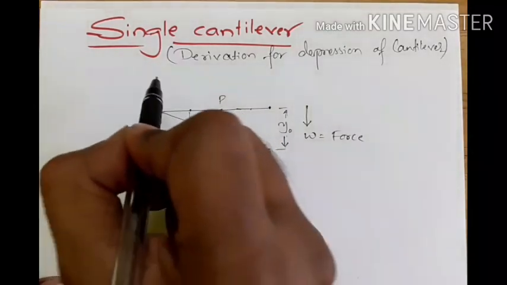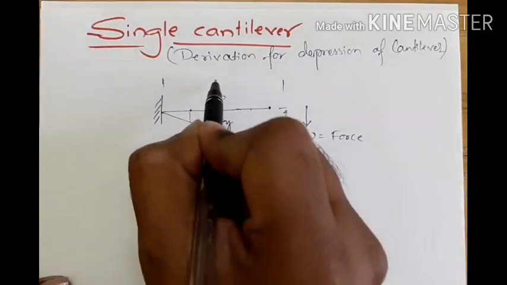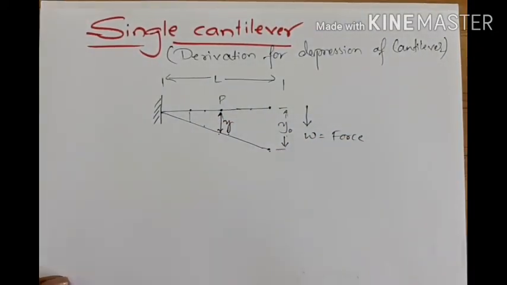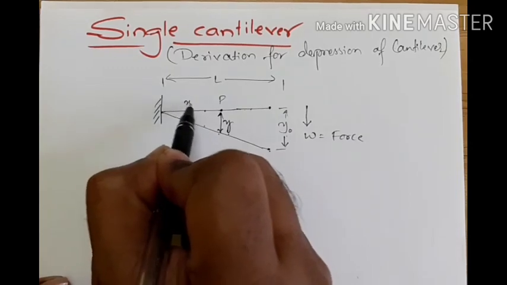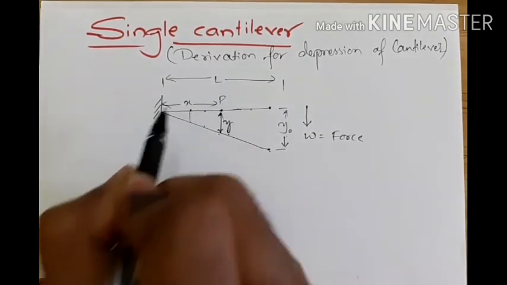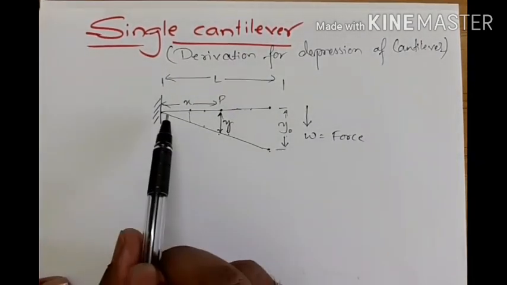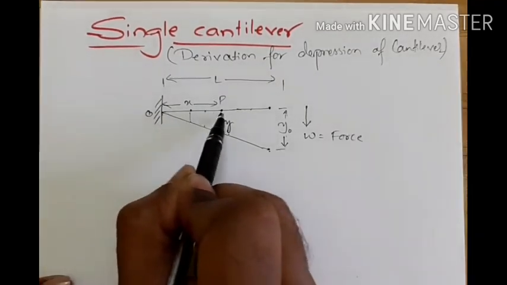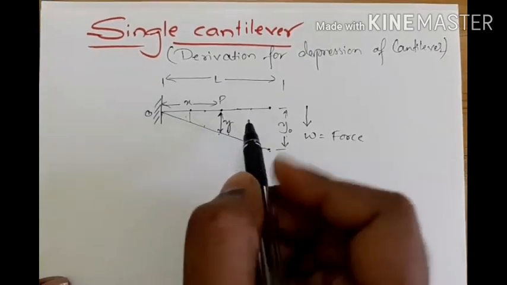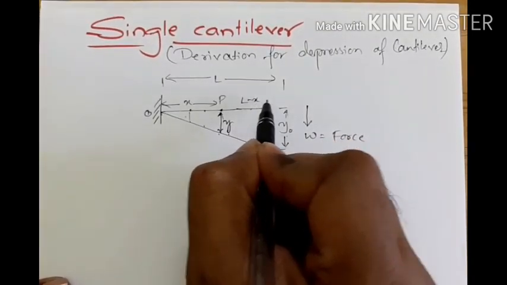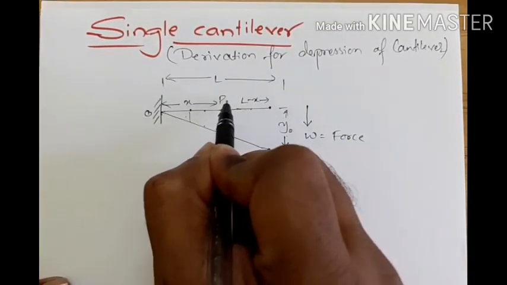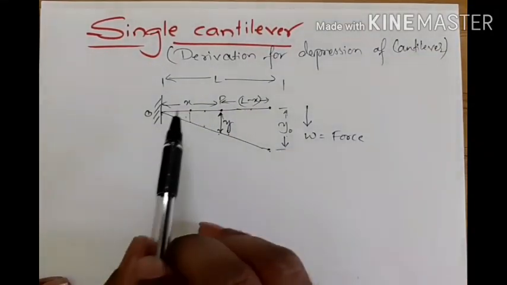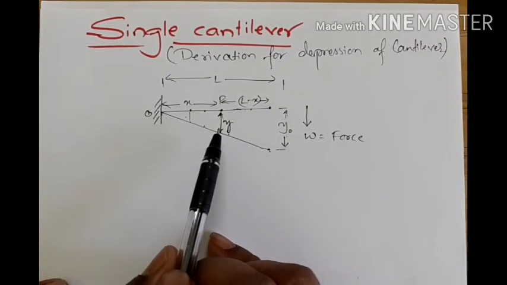Let us take the length of this beam as L. The distance from this to this is X. If I take this point as O, from this point to this point it is X, then the distance here will be L minus X. So this is X, and this is L minus X.